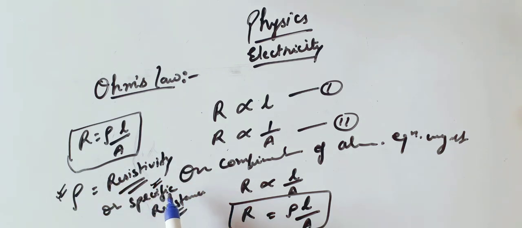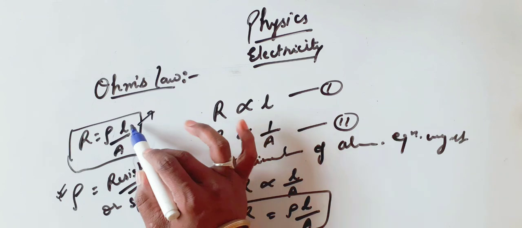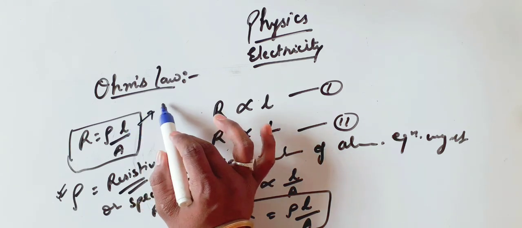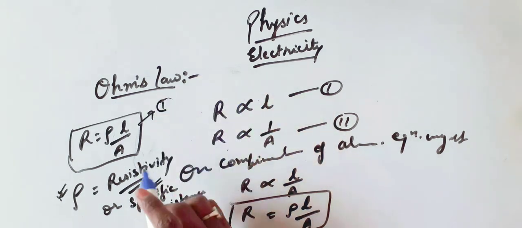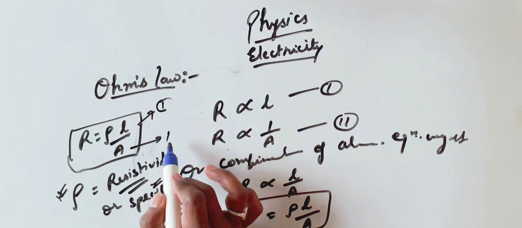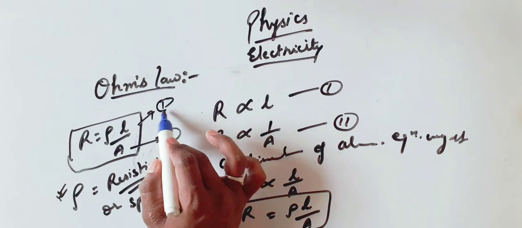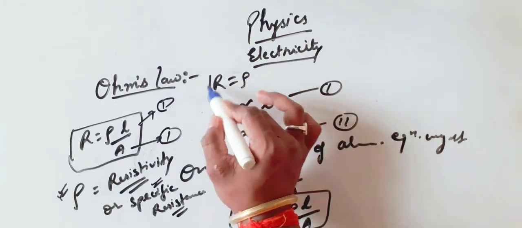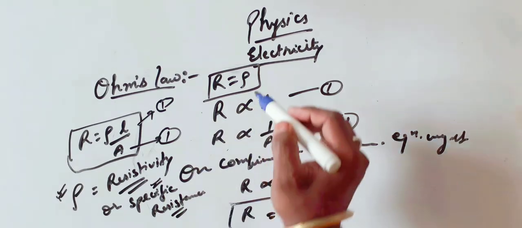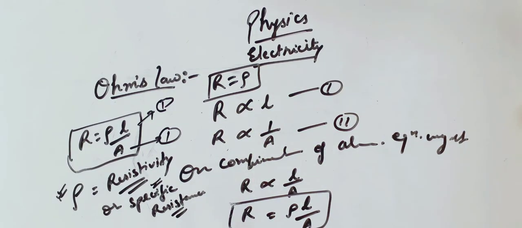What is that special case? If the length is one unit, meaning 1 meter, and the area of cross section is also 1 square unit, then the resistance will be equal to resistivity. So resistivity is also called specific resistance.